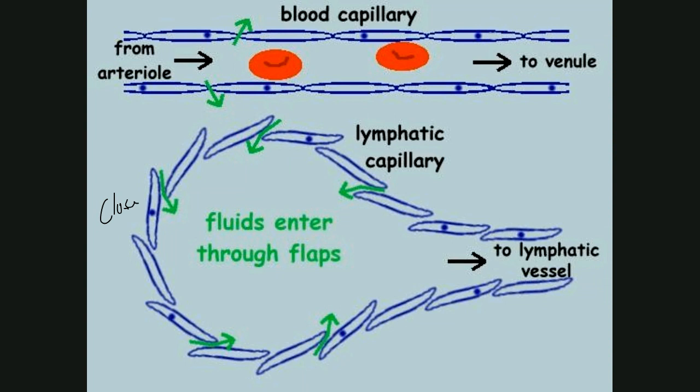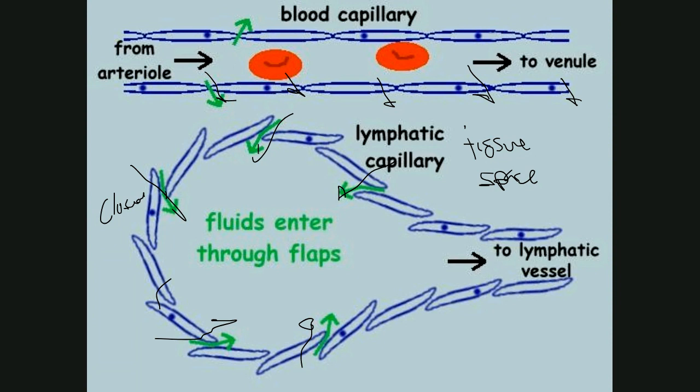They're blind-ended. Here's our blood capillary, and look, fluid is leaking out. As it leaks out, that fluid fills up these tissue spaces. And then when the pressure is high, it enters a lymphatic capillary. Once it enters, it becomes lymph.